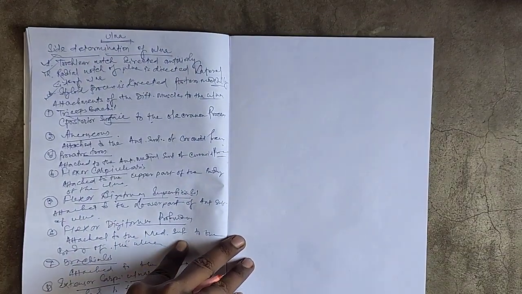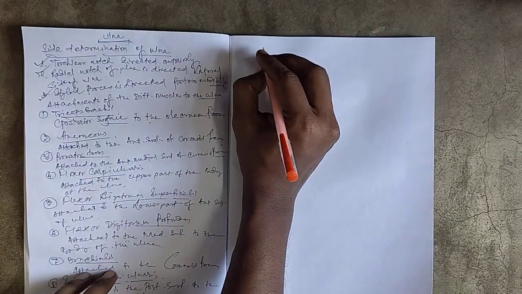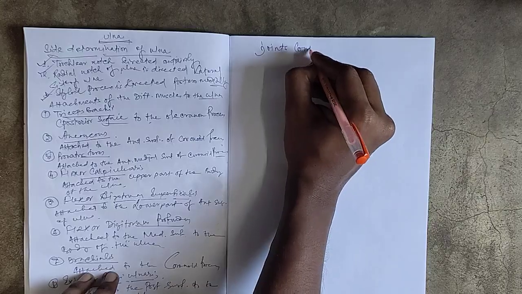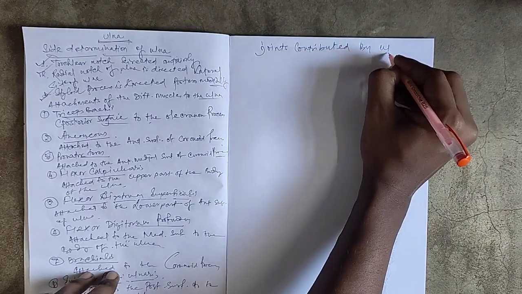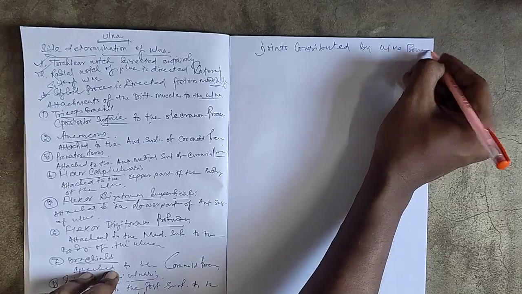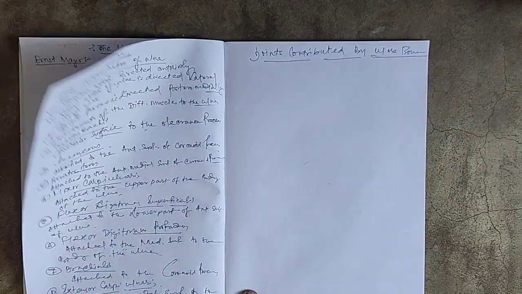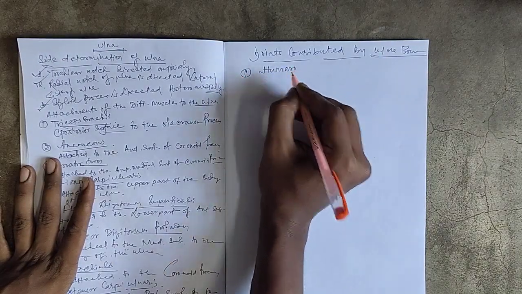Now, we will discuss the joints that are contributed by the ulna bone. The ulna comprises first the humero-ulnar joint.